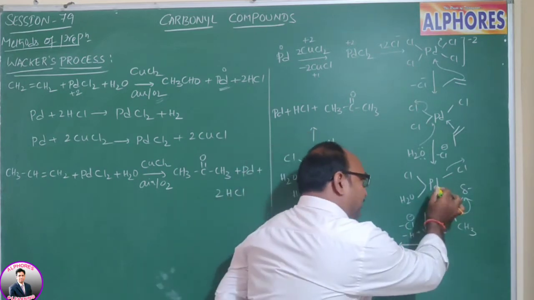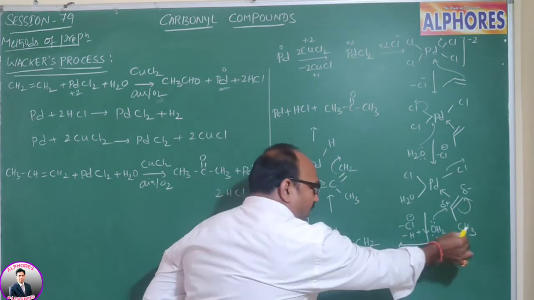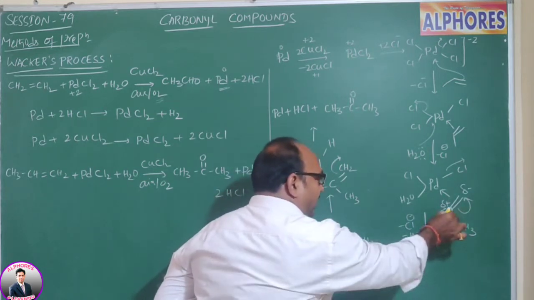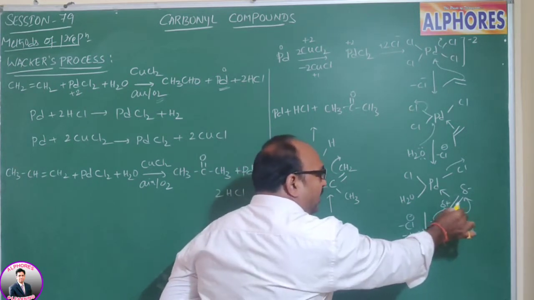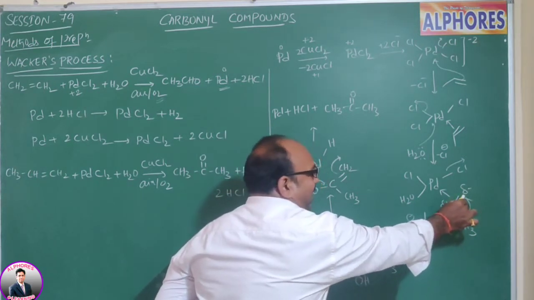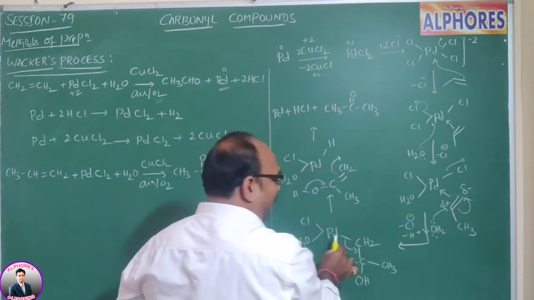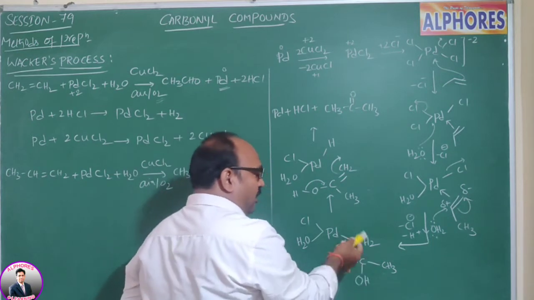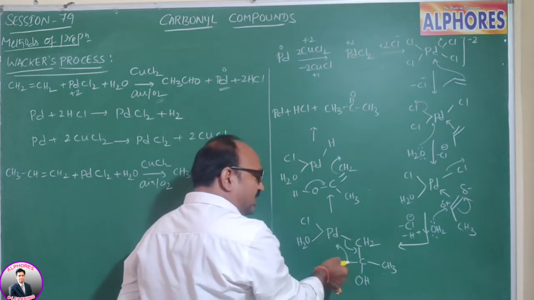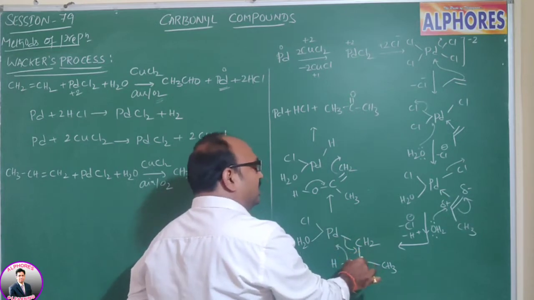Then this carbon is attached to an OH group, one hydrogen and one CH3, and the CH2 minus is coordinated with palladium. That means there will be a metal-carbon bond here. After formation of this organometallic compound, the CH sigma bond electrons turn like this and shift towards this carbon.